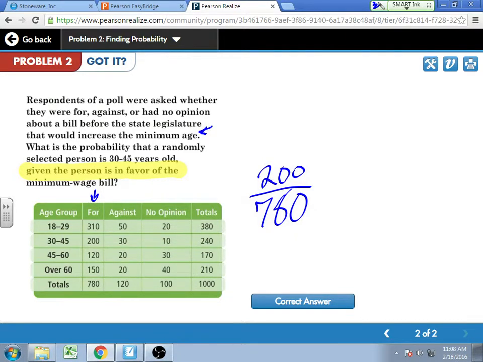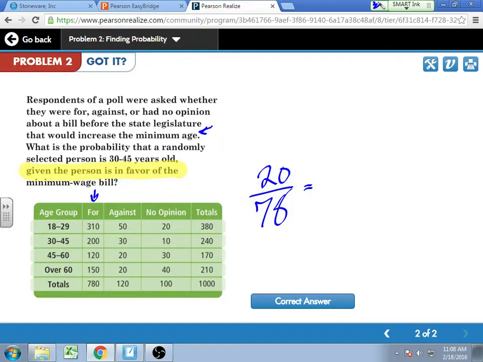I can make my life a lot easier by chopping off zeros. 200 over 780 is the same as 20 over 78. I feel like it's going to be like 20. Close. So if this was 20 out of 80, then it'd be 25%, right? So it's going to be slightly higher since my total is less. What do you get when you do 20 out of 78?